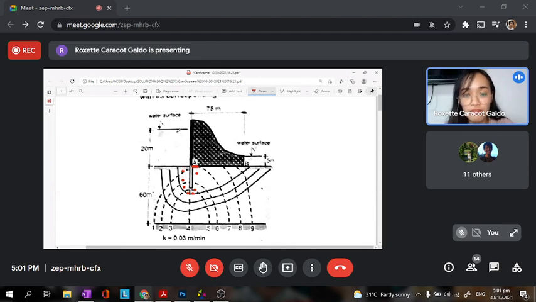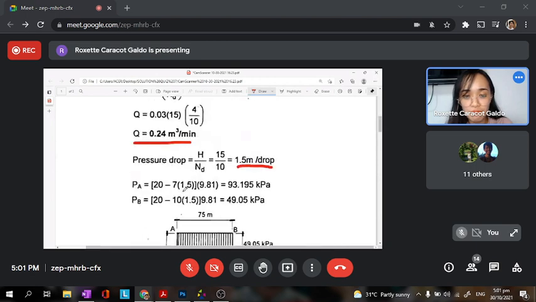So basically, from the height of 20 meters minus 7 ka 1.5, kay 1.5 man ang drop kada square, times 9.81 to get the pressure due to water.